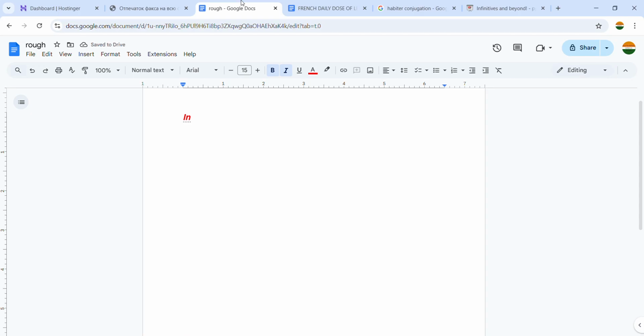First, for countries, for feminine countries, we use en. For example, en France. France is a feminine country and you need to memorize it. En Inde, in India. When we are talking about a masculine country, like au Japon, in Japan, au Canada, in Canada.